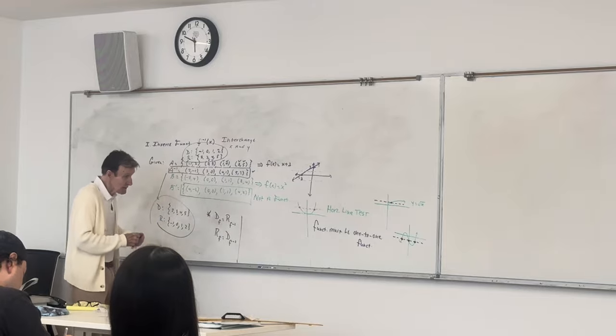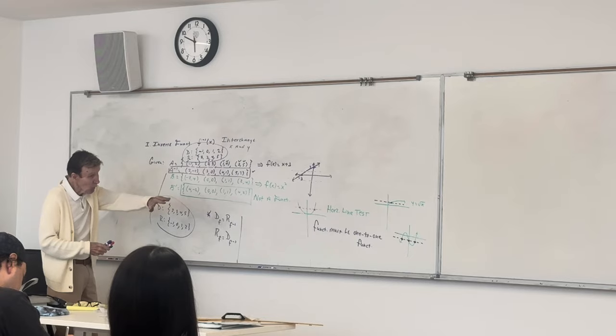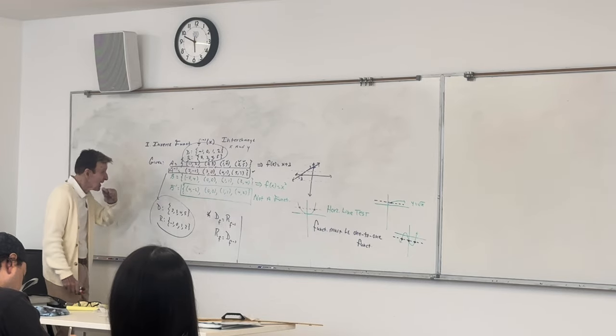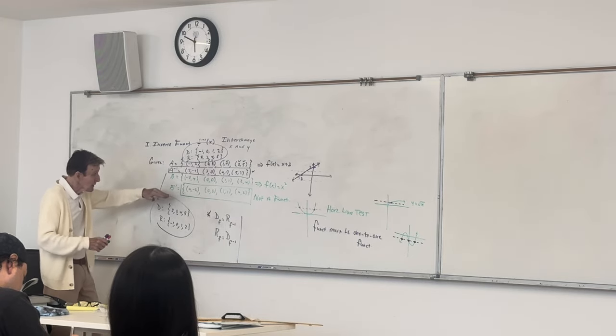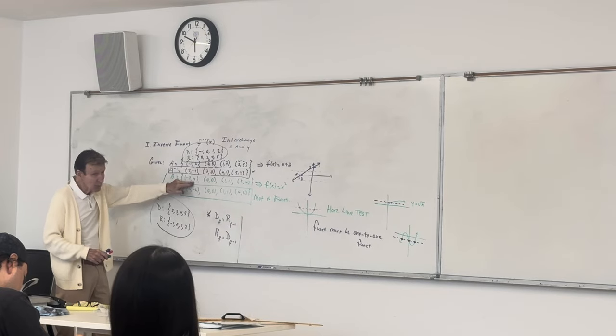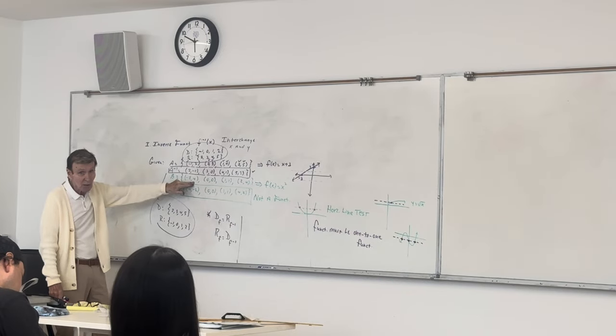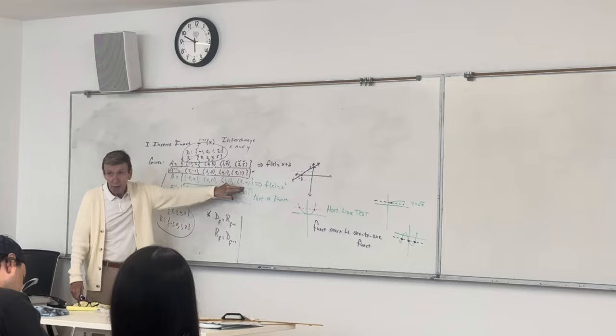Let me go back to the one that did not work. The green one did not work. The function must be a one-to-one function. What messed me up in the original here, Isabella, help me out. -2 is paired up with 4. At the same time, 2 is also paired with 4.